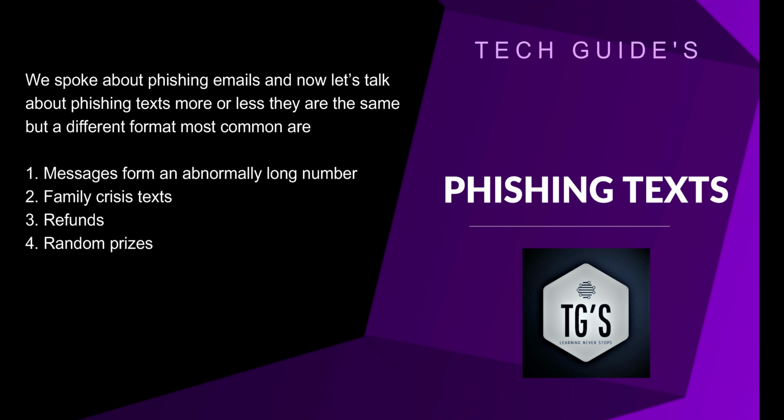We spoke about phishing emails, and now let's talk about phishing texts. More or less, they are the same but in a different format. The most common are messages from an abnormally long number, family crisis, refunds, and random prizes. Let's have a brief overview.